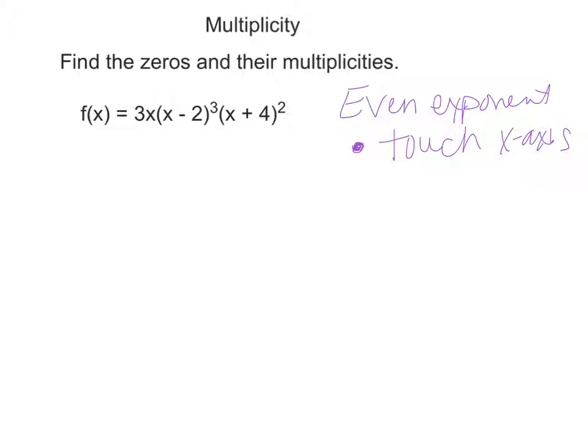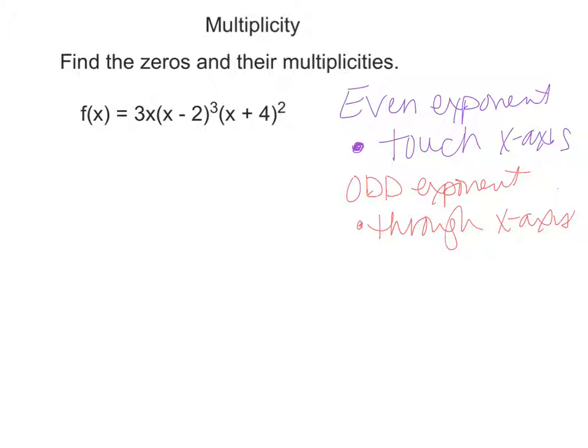So it touches and bounces off at an even exponent. If you have an odd exponent, that means it's going to go through that x-axis. So an even exponent touches, and the multiplicity is just named by the exponent. So this would be a multiplicity of 3, and I know at that zero it's going through the x-axis. This is a multiplicity of 2, where it just touches that x-axis.